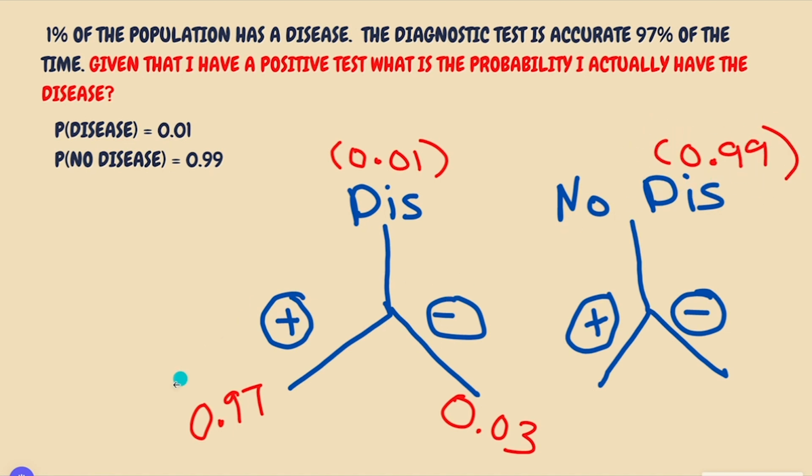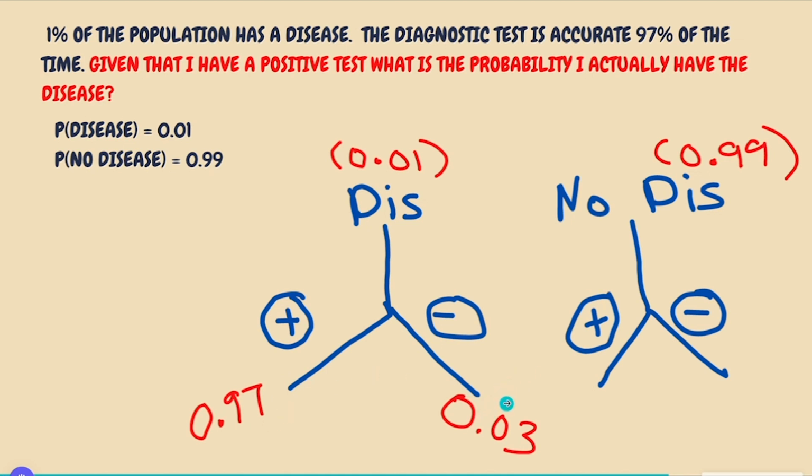If I'm looking at an accurate test, I said that my test was 97% accurate. And so for someone who has a disease, a positive result would be an accurate result. So I get the 97% on my positive side. And on my negative side, I get 3% because my probabilities have to add up to 1.